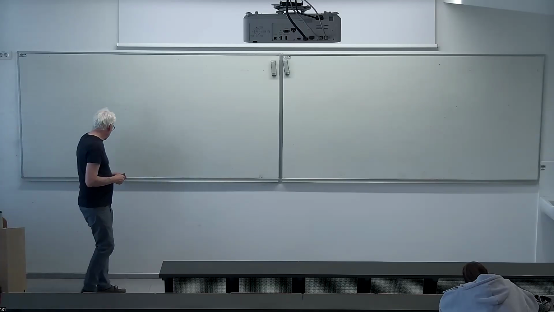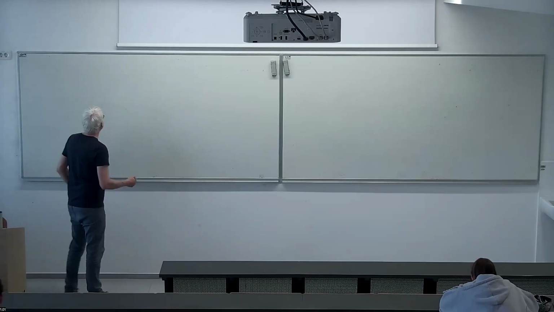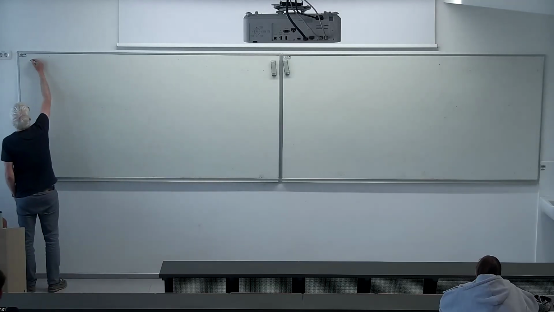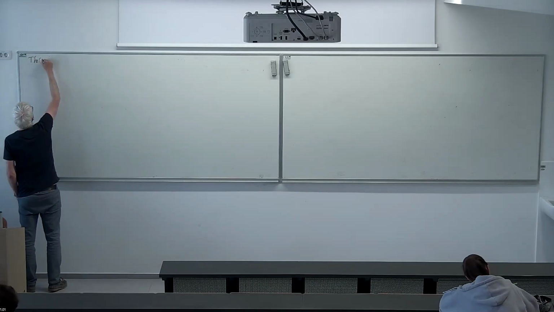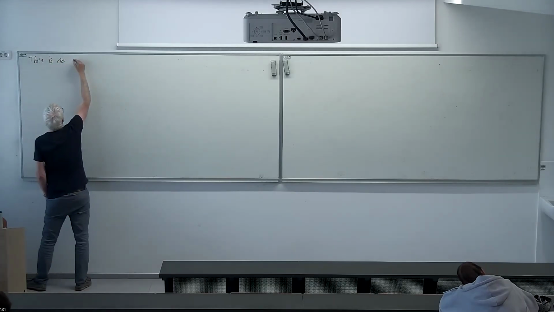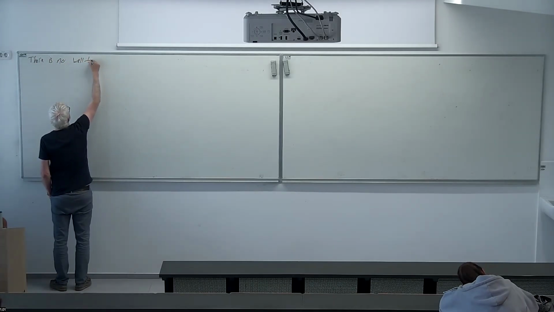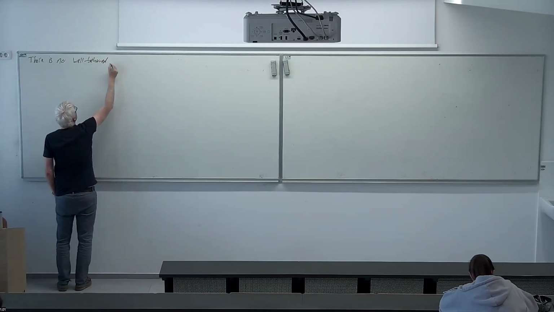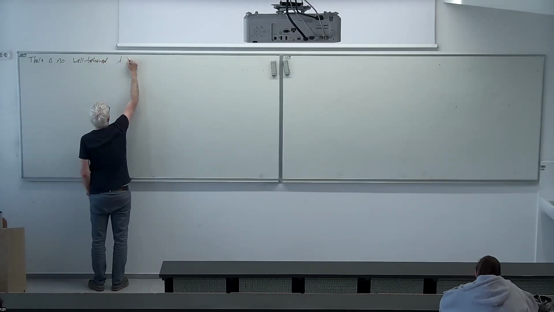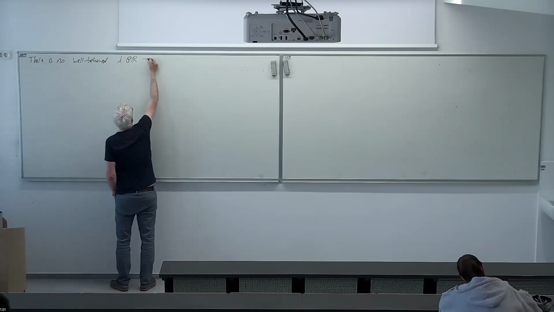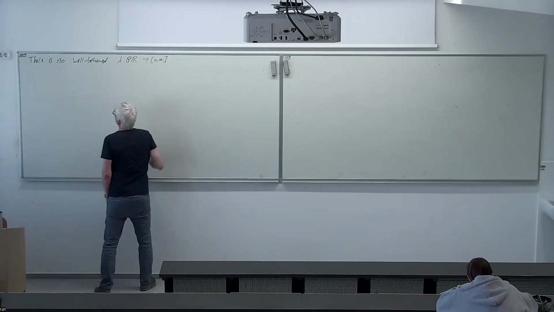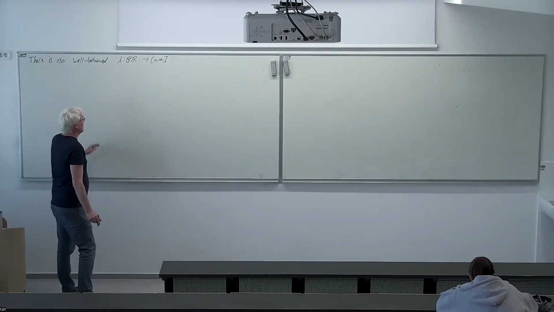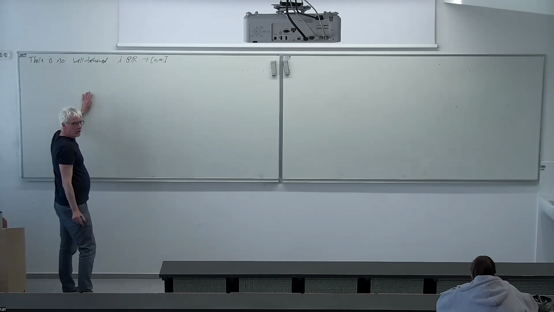Okay, so what we've seen is there's no well-behaved function lambda from the set of all subsets of the reals to lengths.